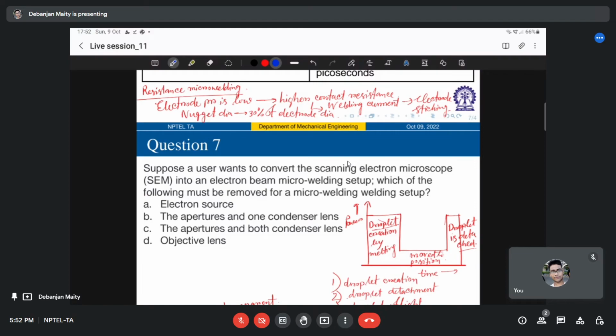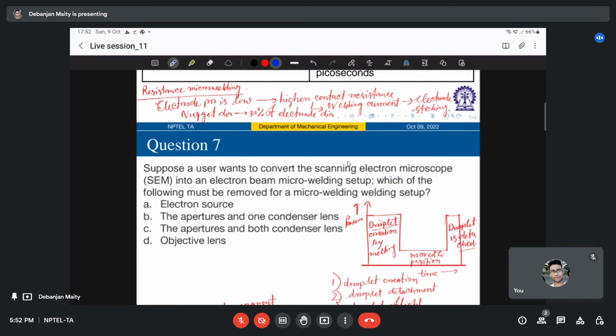So in SEM, multiple apertures are used for screening off-axis electrons. Basically, they stop the electrons that are off-axis and off energy from progressing down the column. They generally reduce the effective beam power.